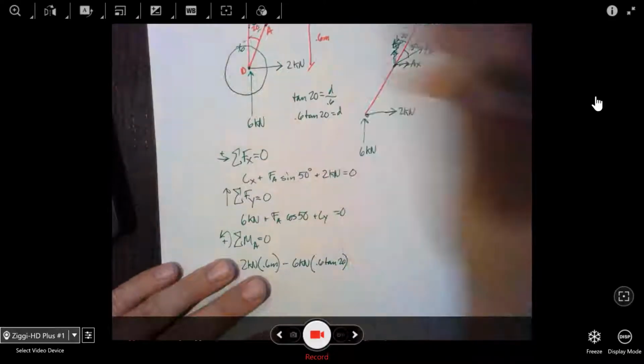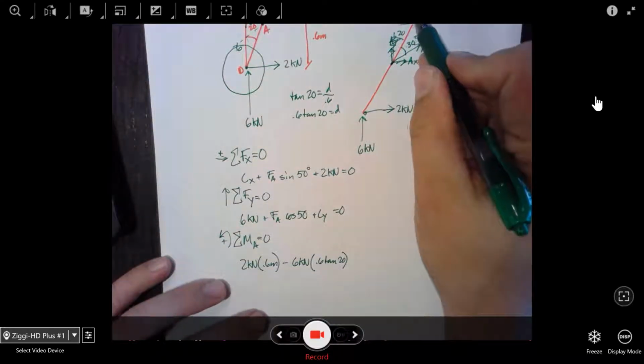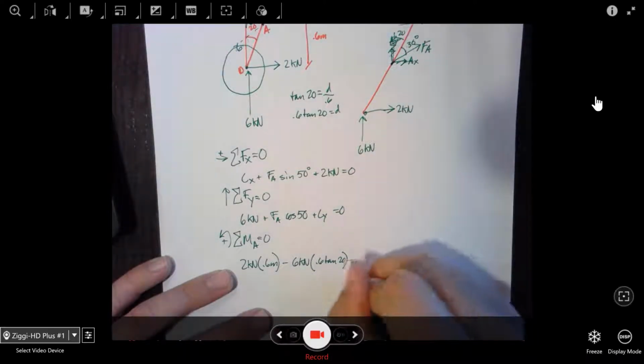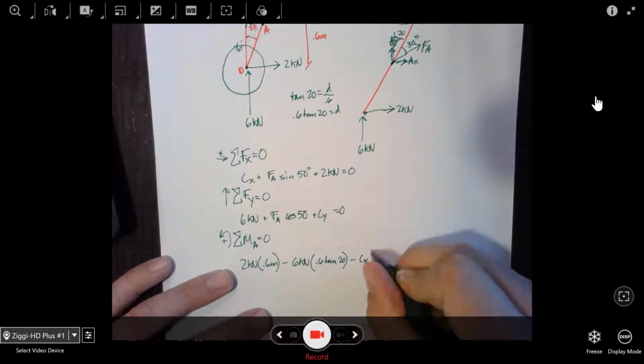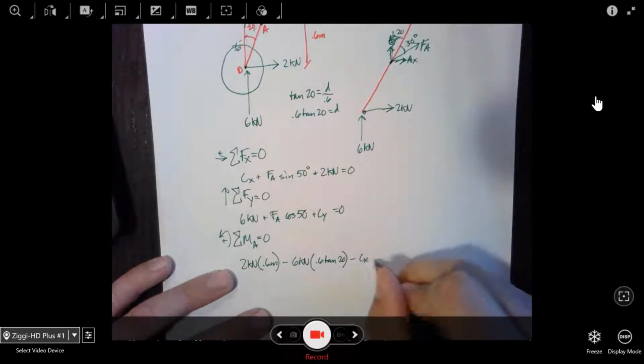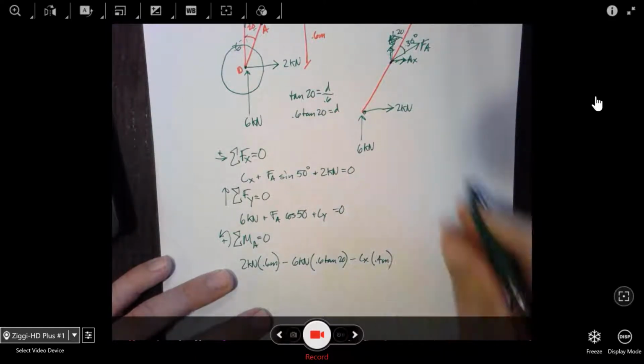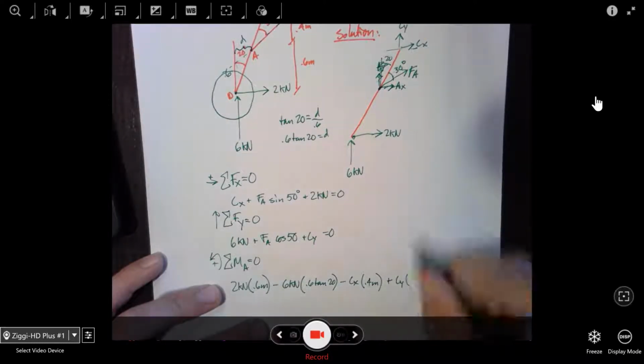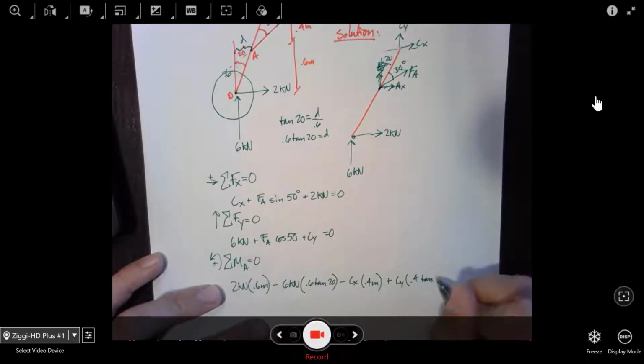And then we need to do CY and CX. So let's do CX first. CX is going to be negative, so minus CX times the distance, 0.4 meters. And CY, that's going to be a positive, right? So it would be positive CY times, same idea, 0.4 tan 20 equals 0. All right?